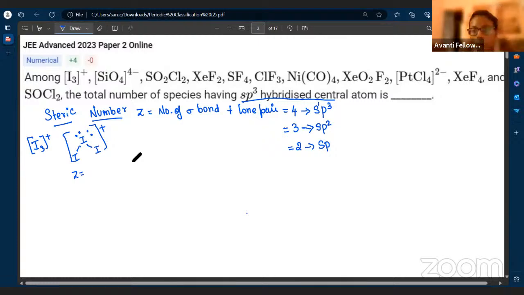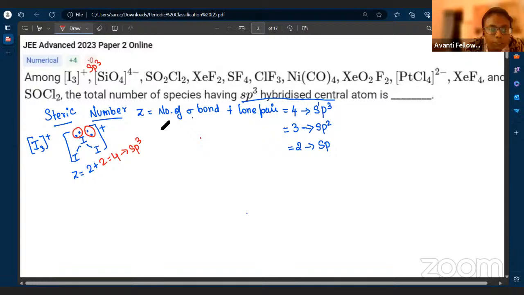What is the steric number for I3 plus? It is the number of sigma bonds plus lone pairs. The number of sigma bonds for the central atom is 2 and the number of lone pairs is 2. So the steric number is 4, therefore it shows sp3 hybridization.